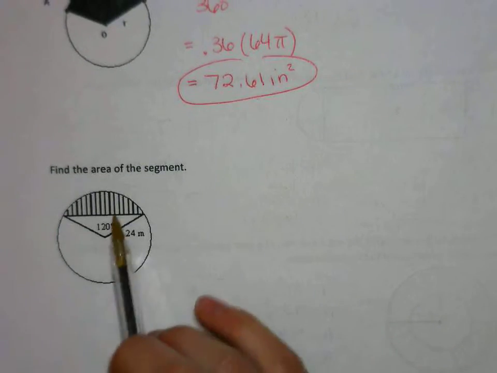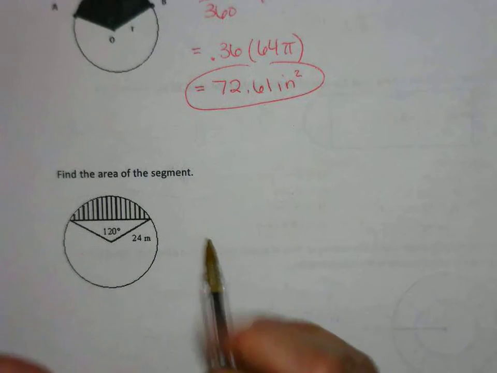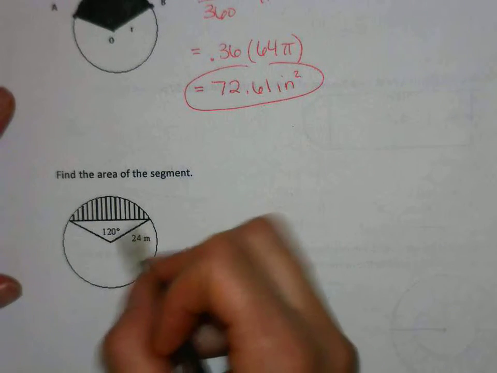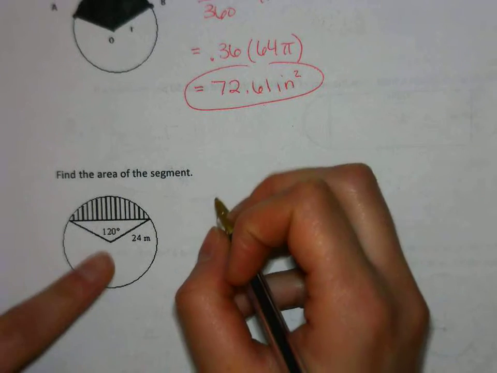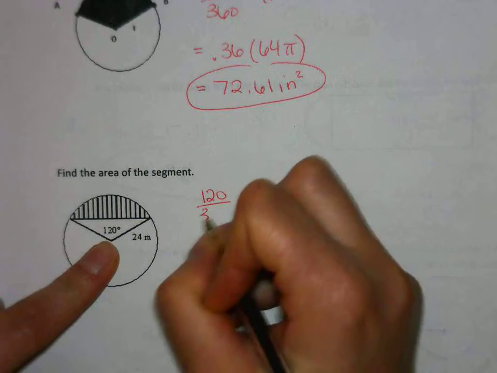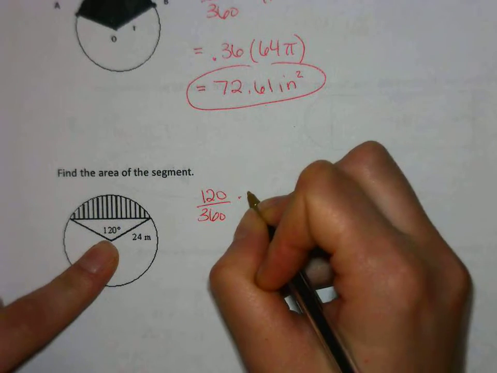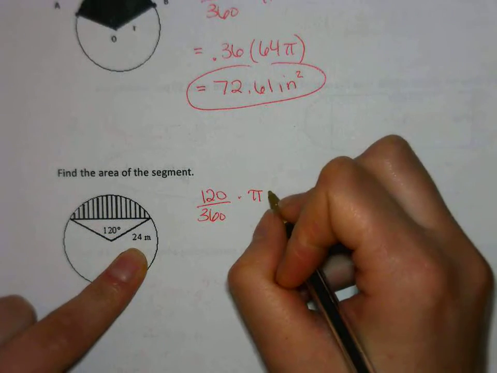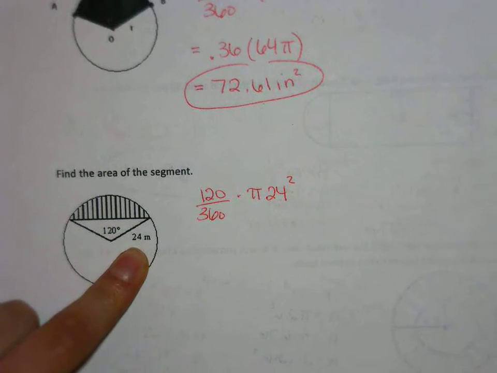So to find the area of a segment, we first want to find the area of that whole sector inside here. So it's 120 degrees over 360 times pi, and our radius is 24 squared.